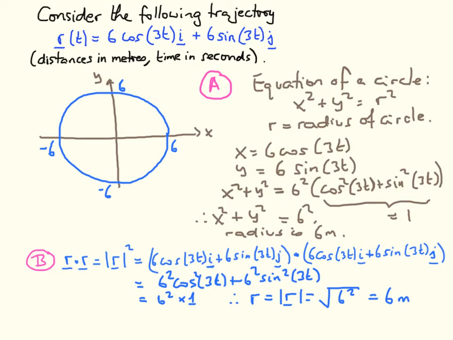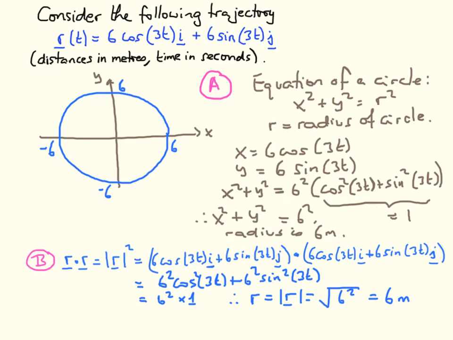And so we have here 6 squared cos squared 3t plus 6 squared sin squared 3t. 6 squared is a common factor, we pull it out, and again we recognize the same identity.